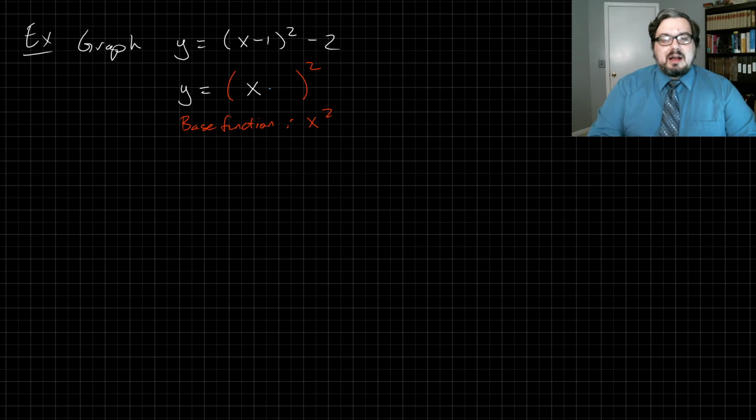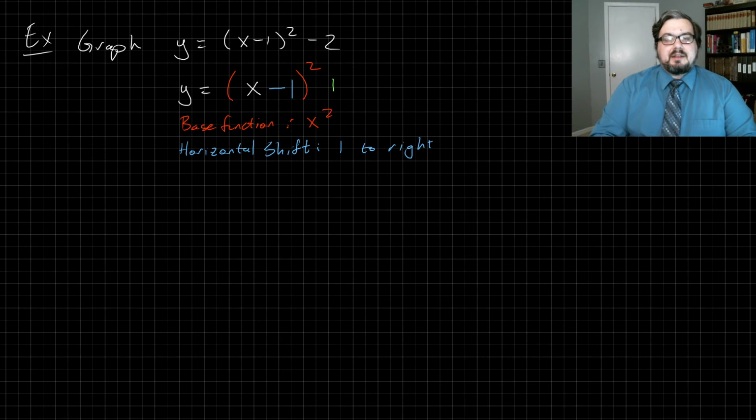All right, then we've got the transformation of subtracting 1 on the inside. And so this is going to be a horizontal shift of 1 to the right. And then the minus 2 on the outside gives us a vertical shift of 2 down.